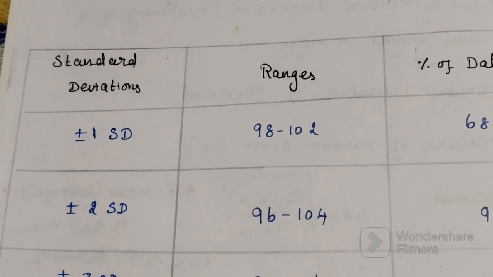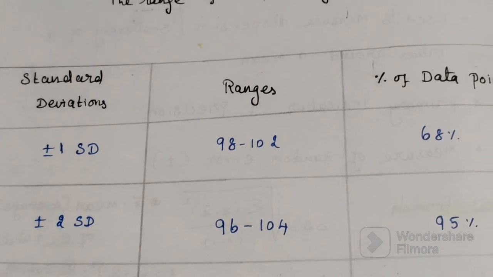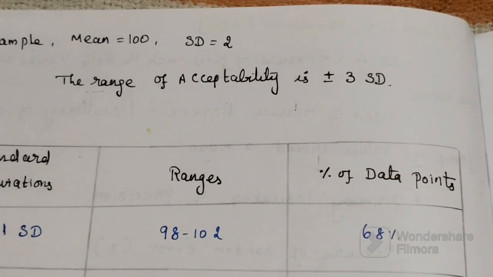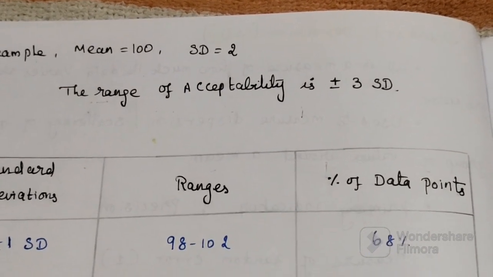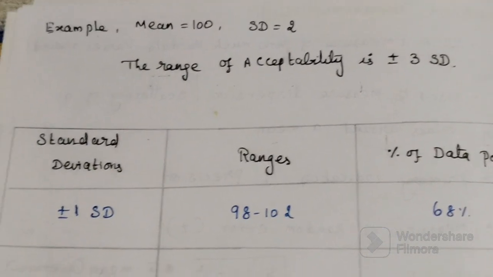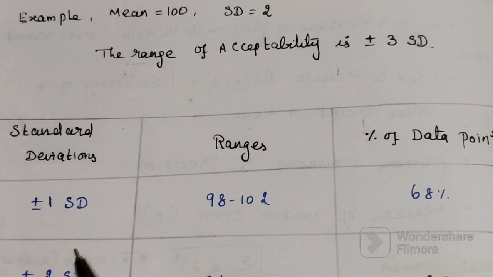For example, if the mean is 100 and the standard deviation is 2, how do we calculate plus or minus 1 standard deviation?